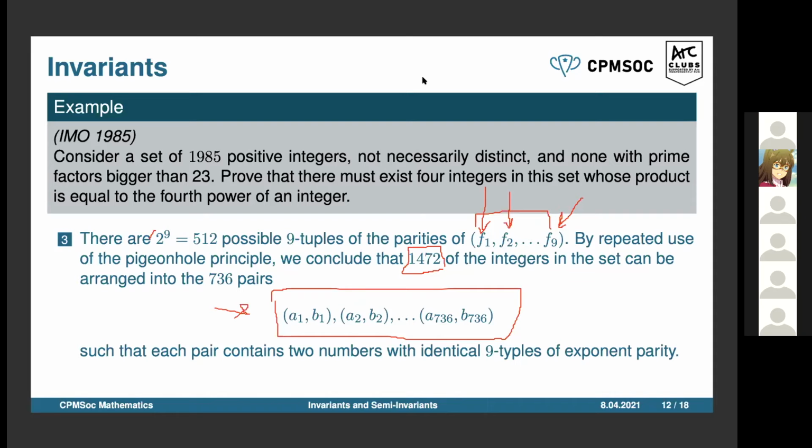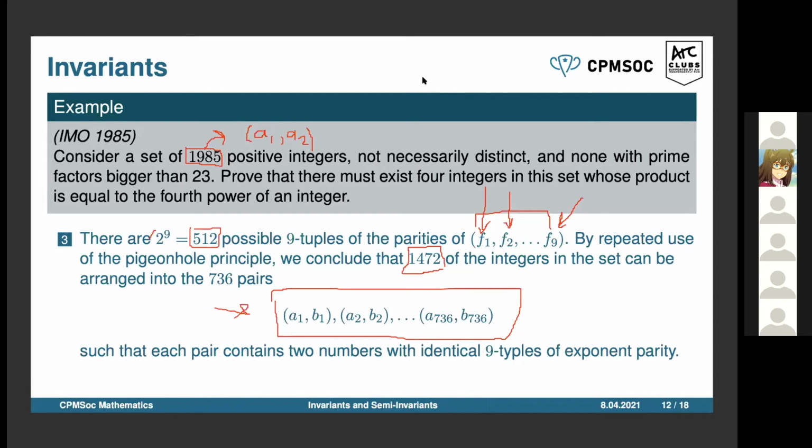So what's going on here is we've got 1985 numbers, and there are 512 different combinations of 9-tuples. Since 1985 is a lot more than 512, you can find two numbers with the same combination of parities.